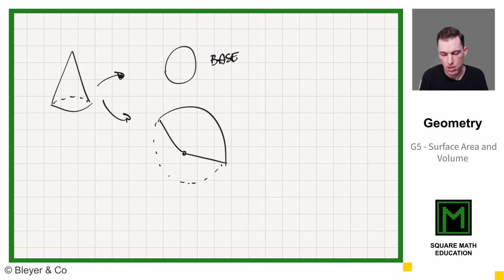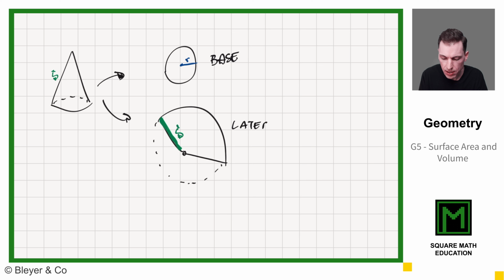We cut this to make the lateral. The radius of the big circle is what we calculated as s, the slant height, which coincides with the side of my cone, and the radius we call small r is for the base.